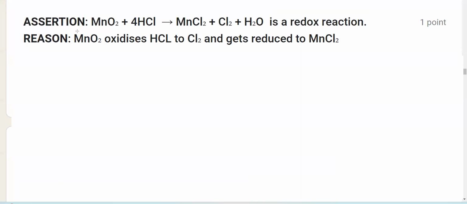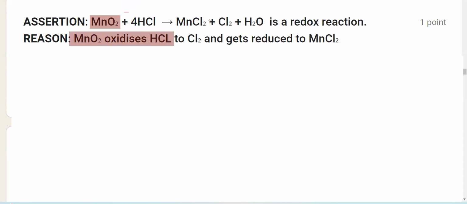Now look into this here. They are saying that manganese oxidizes HCl. Now you need to understand this. It is not saying that manganese is getting oxidized. It's saying manganese is oxidizing HCl, right? And that's true in the reaction. As you can see, manganese dioxide is oxidizing HCl, and that's why we say this is correct.